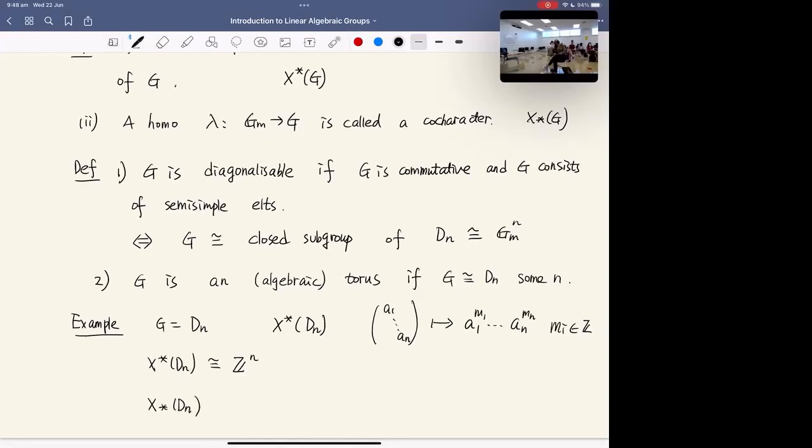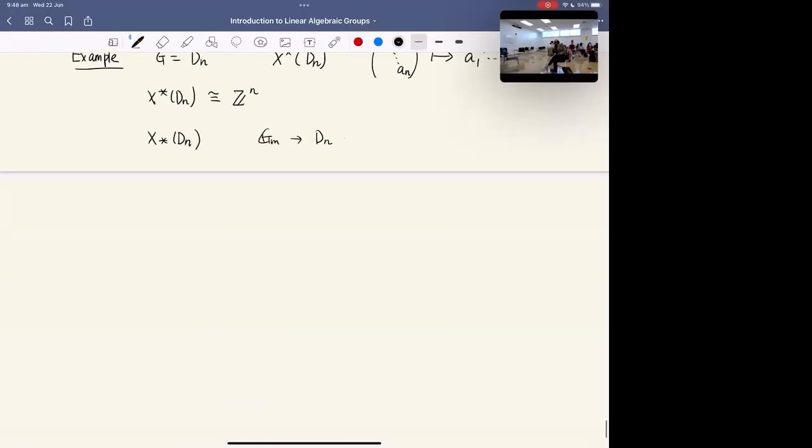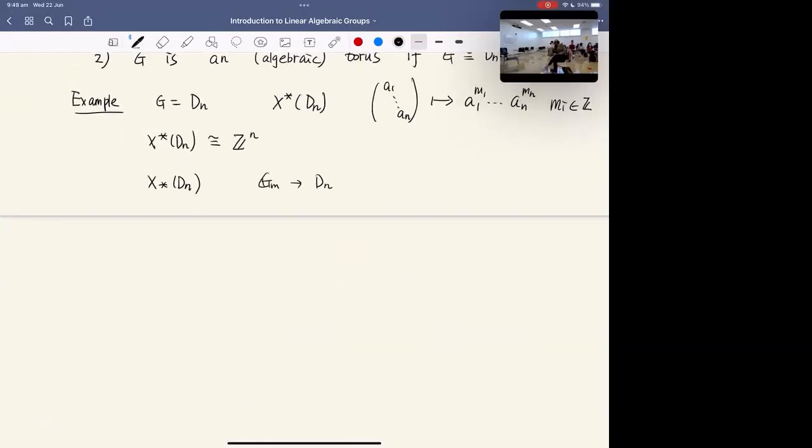And what about the co-characters? What can I do to map Gm to Dn? If I have a number, I want to map it to a diagonal matrix. Multiple of identity, that is okay, but we probably want a little more, right?